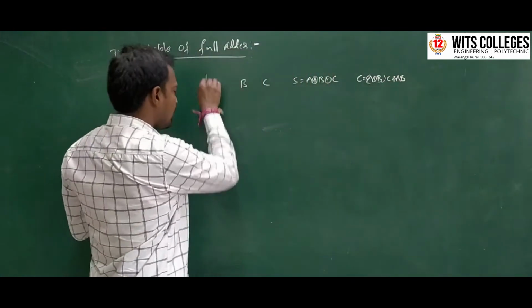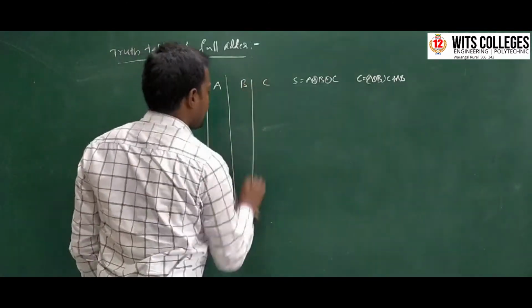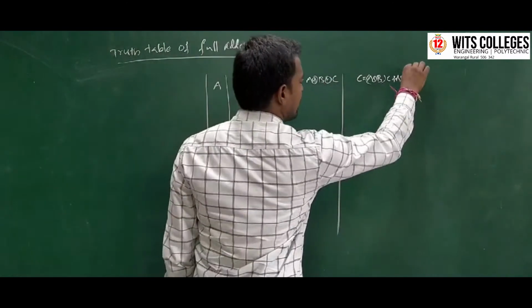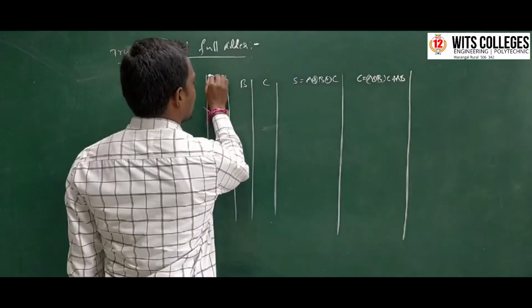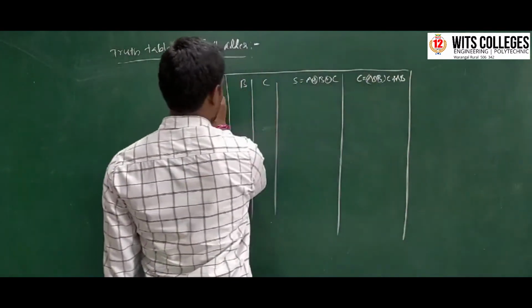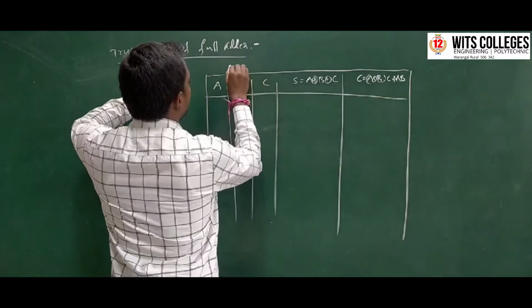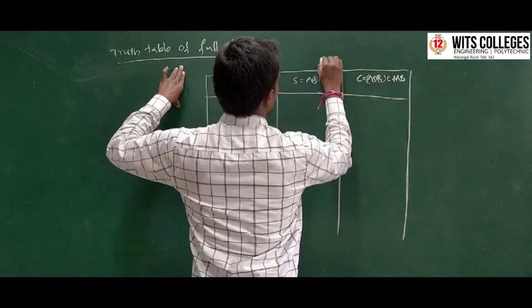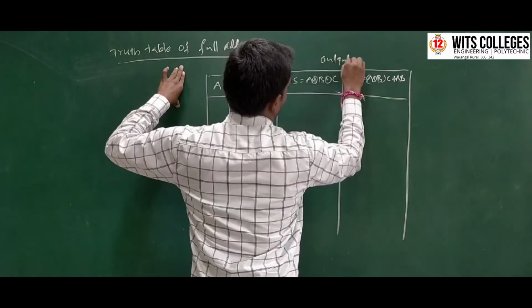So A, B, C are the inputs, S is the sum output, and the other one is the carry output. These three are inputs, and these two are outputs.